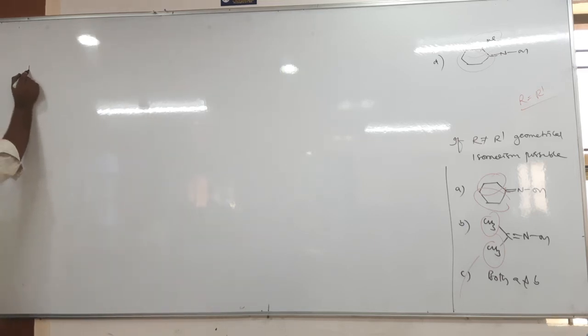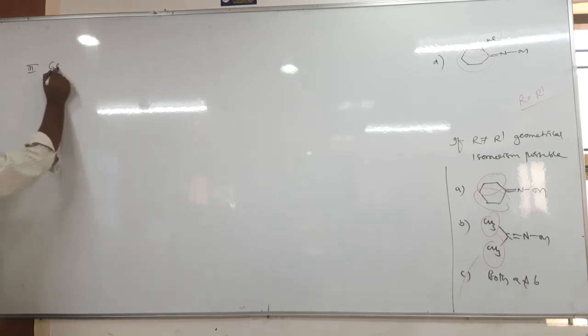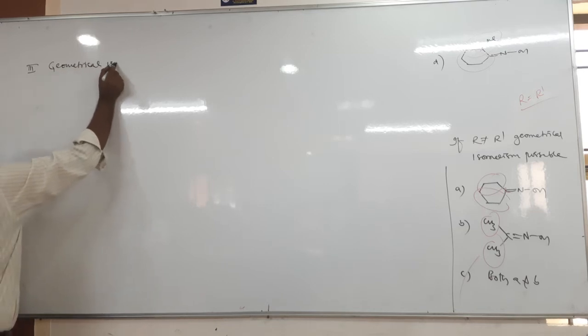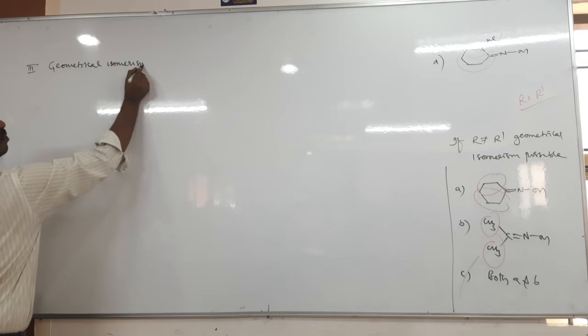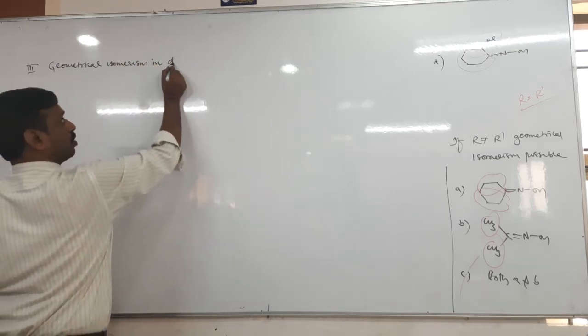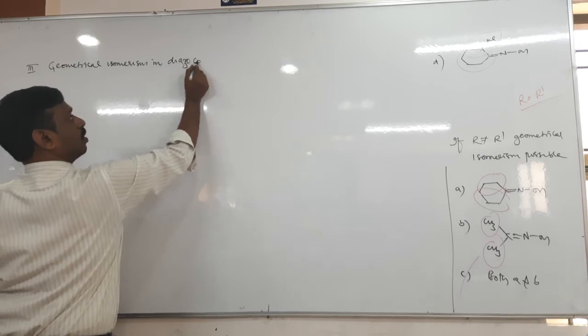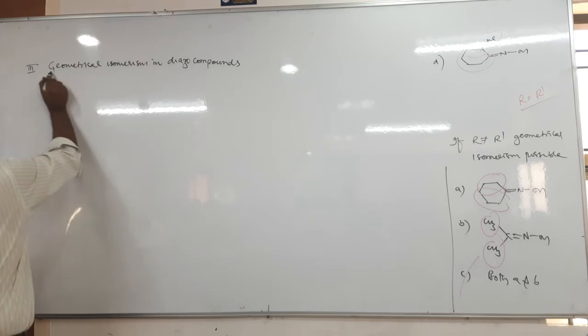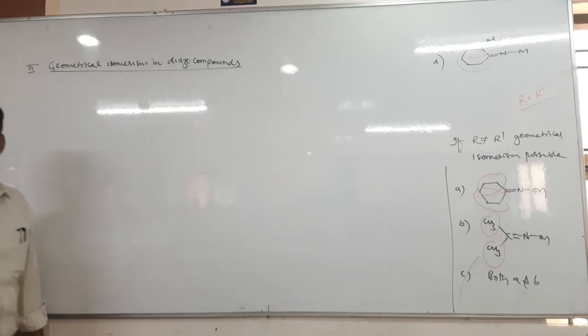That is, the second one is geometrical isomerism in oximes. Next, third one, geometrical isomerism in diazo compounds.